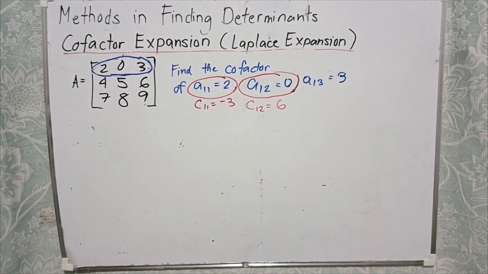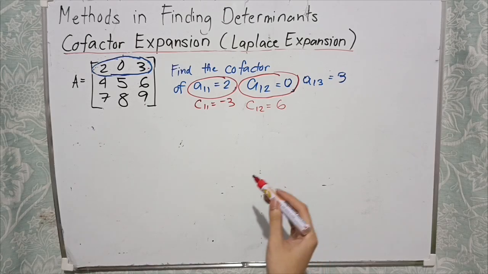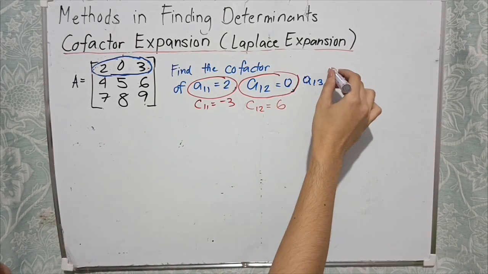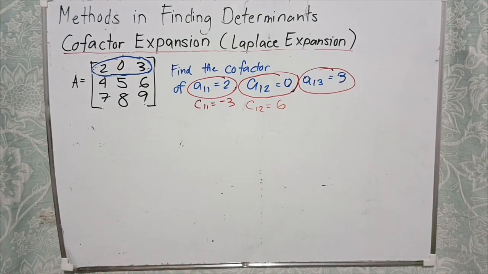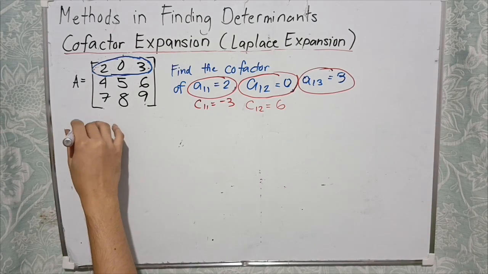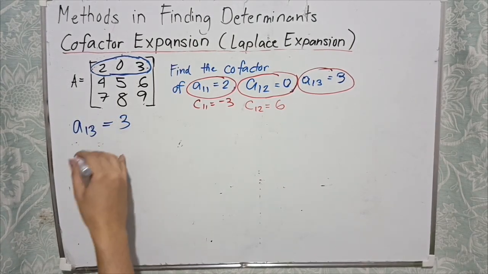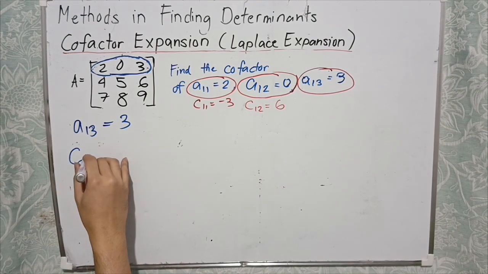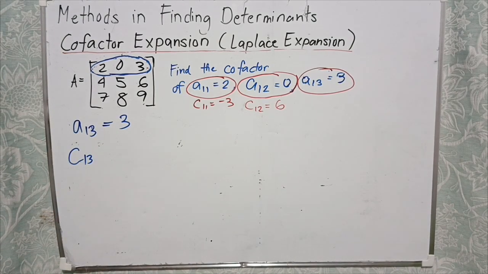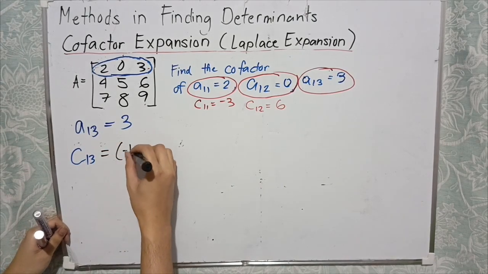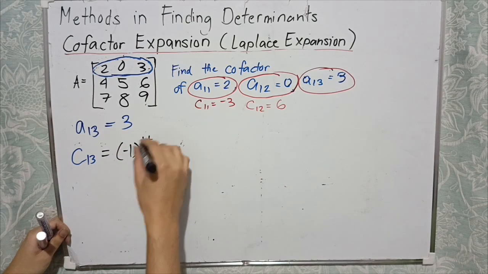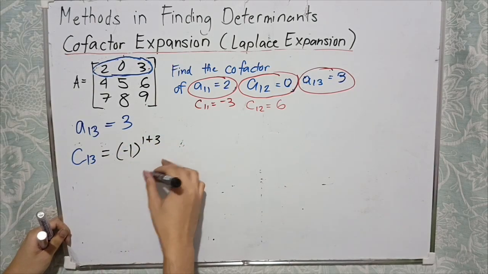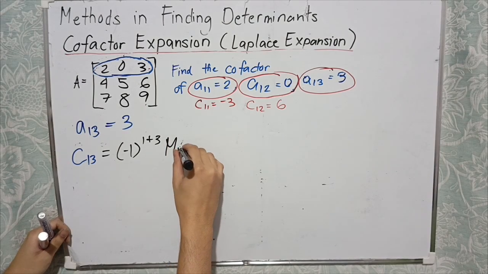Now let's proceed to finding the cofactor of A13. Given our element A13 equals 3, the cofactor of this will be C13. C13 equals -1 raised to i plus j, where our i is equal to 1 and our j is equal to 3, times its minor, which is M13.